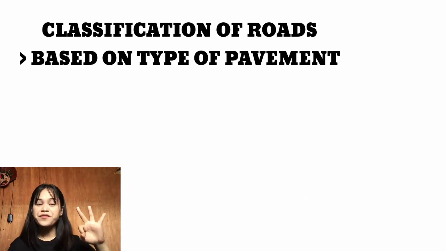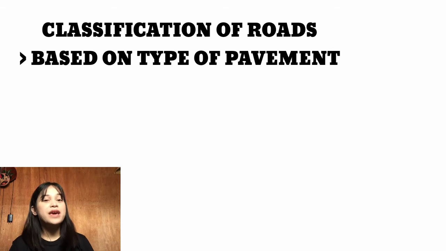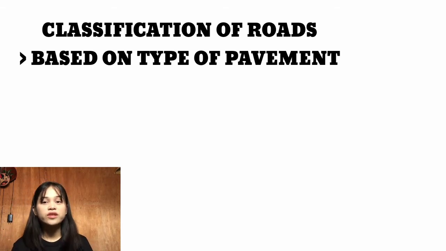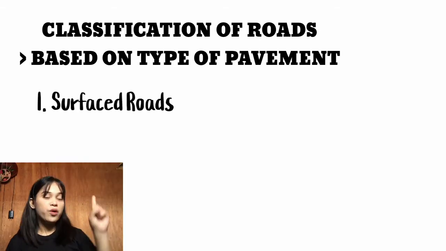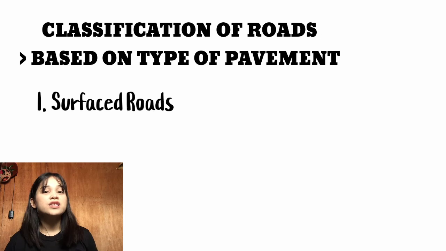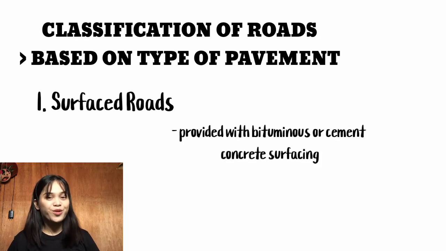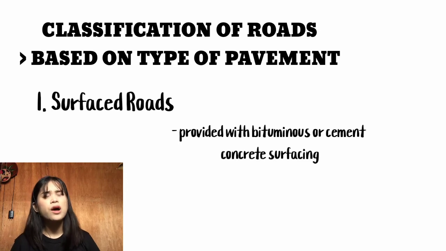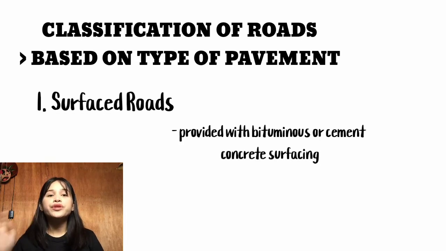The third classification of roads is based on the type of pavement surfacing provided, or the road types. Number 1, based on the type of pavement, are surface roads. So, surface roads are provided with a bituminous or cement concrete surfacing. Bituminous is a black, viscous, and adhesive material obtained during the distillation of petrol.